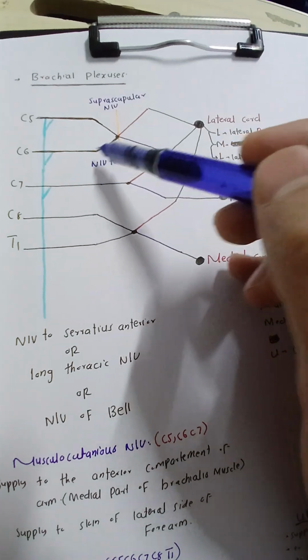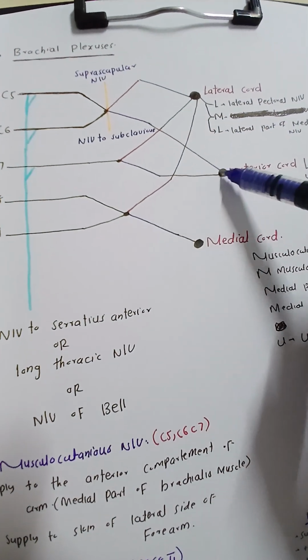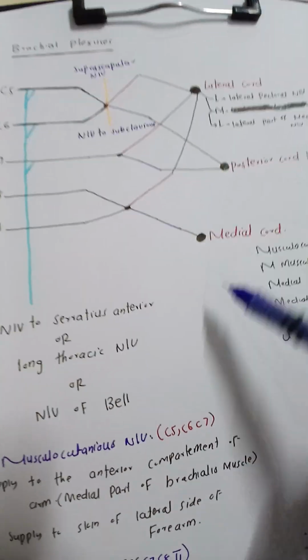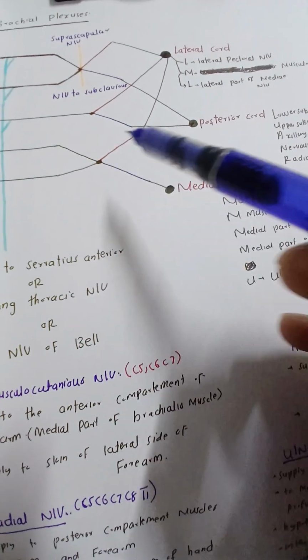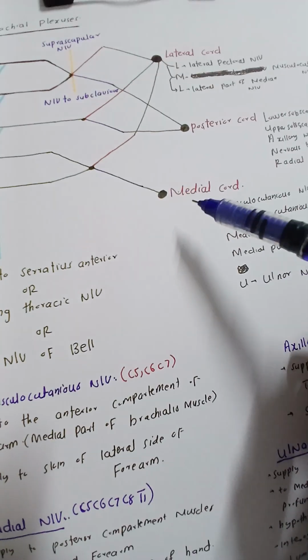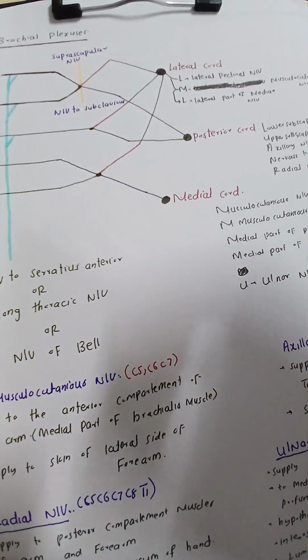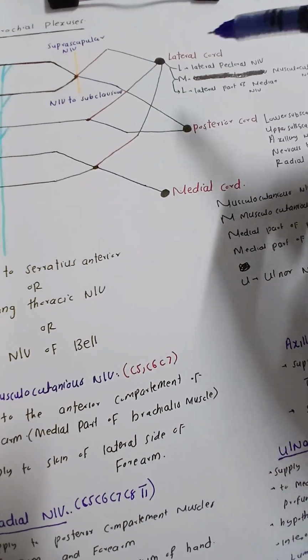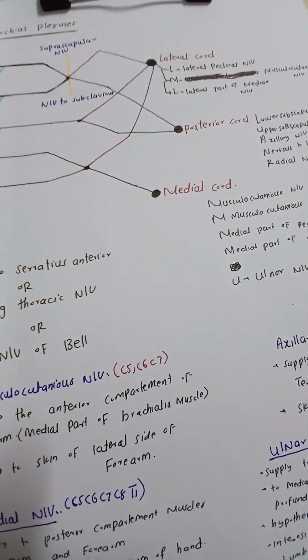Then the posterior division of upper trunk and middle trunk, they combine to form the posterior cord, and the anterior division of lower trunk will form the medial cord. This cord name is given according to the axillary artery. According to the relation to the axillary artery, that cord name is given.